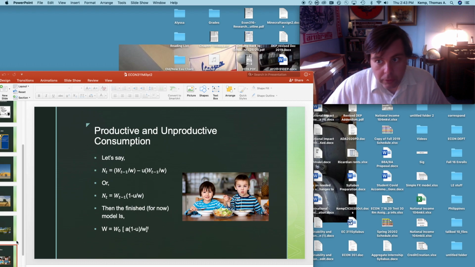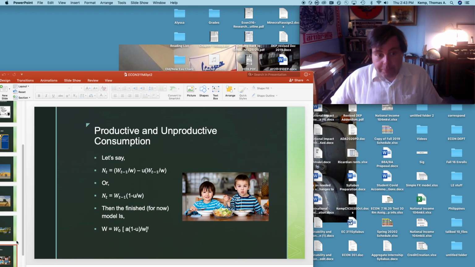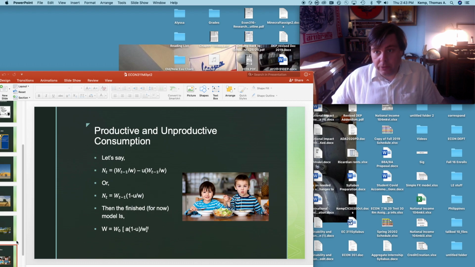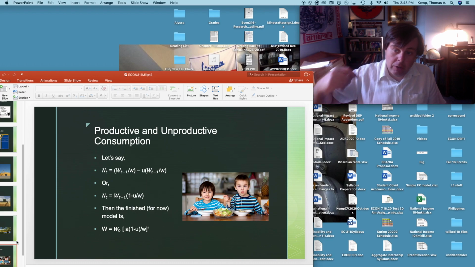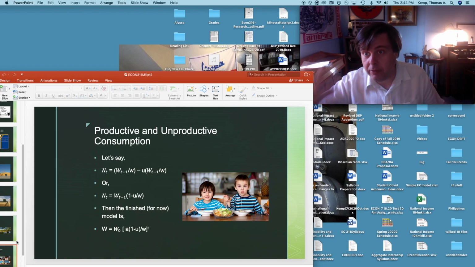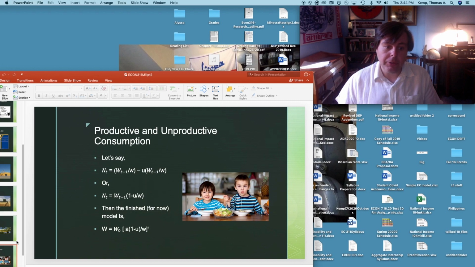So taking that idea, we can build it into the model and say n is equal to W_{t-1}, the previous, times 1 minus U, the share of production that is productively consumed, remember the kid example from a moment ago, over W. W, of course, is the wage payment, or the pizzas they're eating, to continue that analogy.